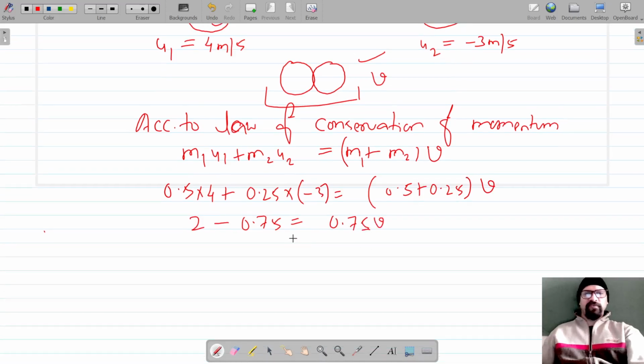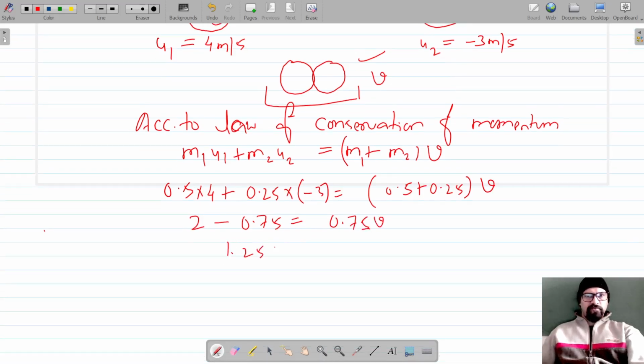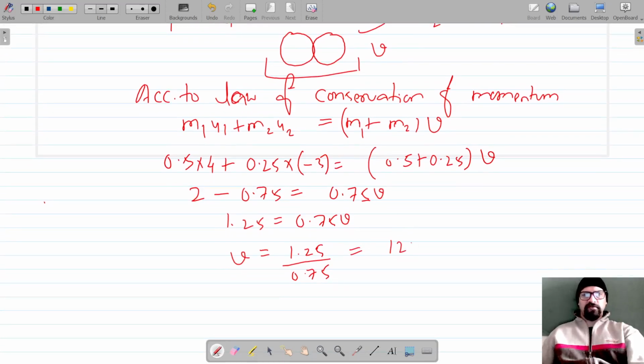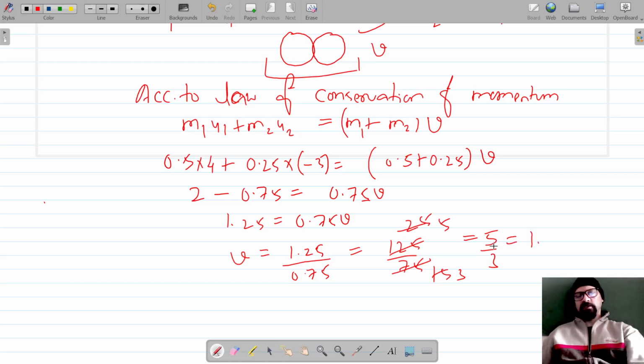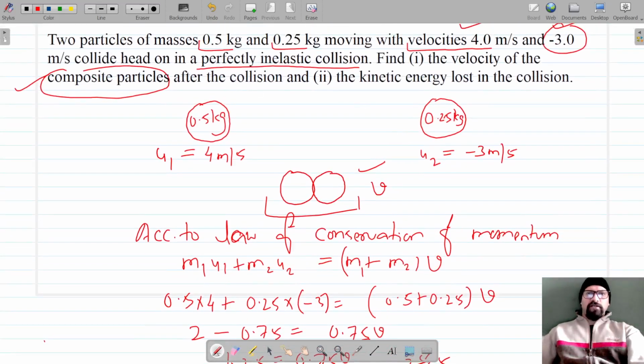So this is 1.25 is equal to 0.75 into v, and the common velocity of the composite particles is 1.25 divided by 0.75, which is 125 by 75. So 5 twos are 10, 5 fives are 25, so this is 5 by 3, which is equal to 1.67 meter per second, the velocity of the composite particles after the collision.